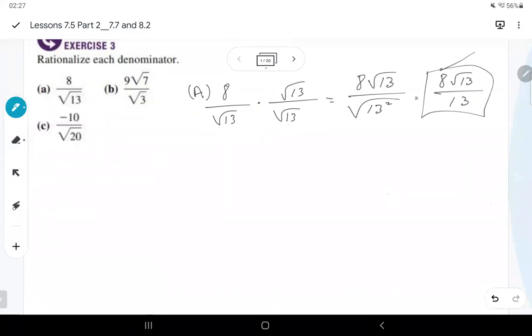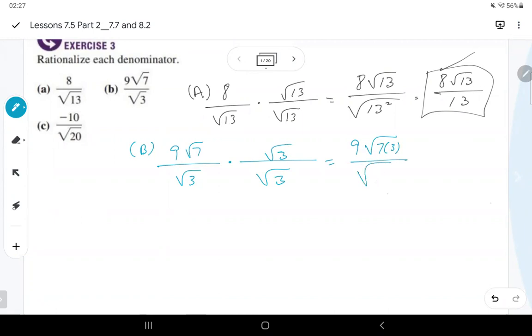So let's do it for B. Here we do have a radical in the top and a radical in the bottom. What we care about is getting the radical out of the bottom. So we are going to multiply again by the radical on the top and bottom. And again, it's making that L or boot shape. But what's going to happen here is we're going to have 9 times 7 times 3 underneath the radical, and then the 3 squared underneath the radical on the bottom.